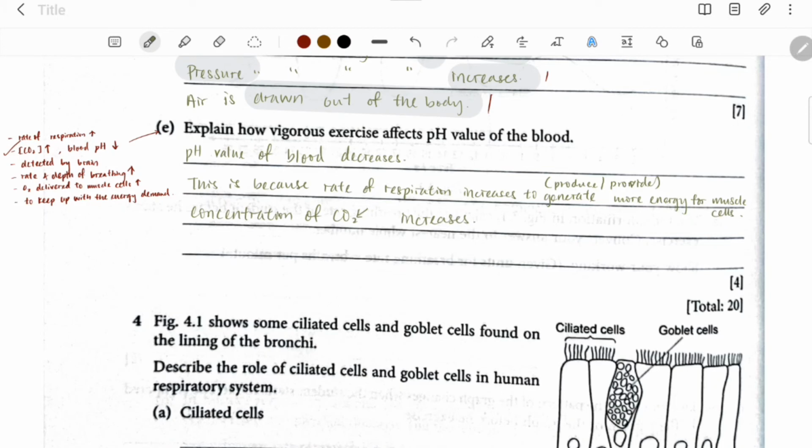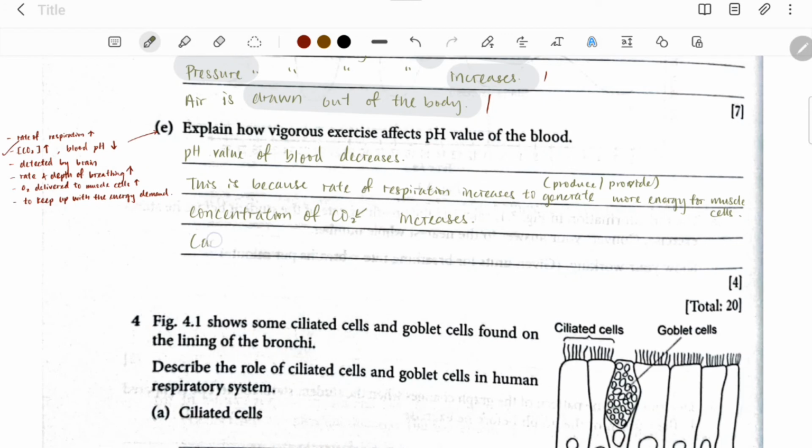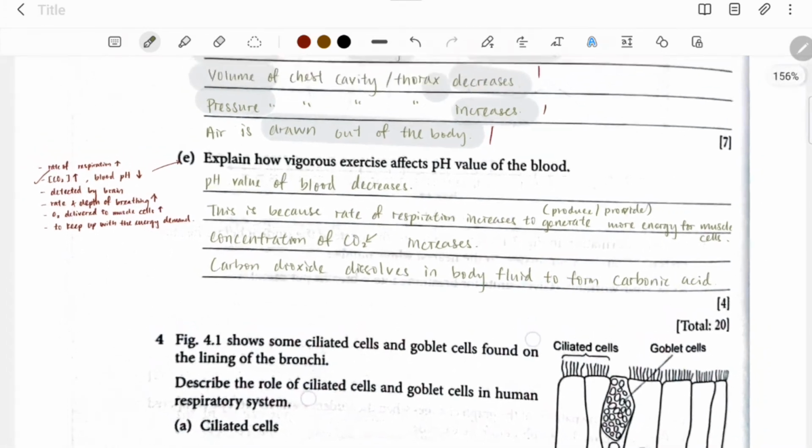And then after that, carbon dioxide dissolves in body fluid to form carbonic acid. Okay, so 4 marks.